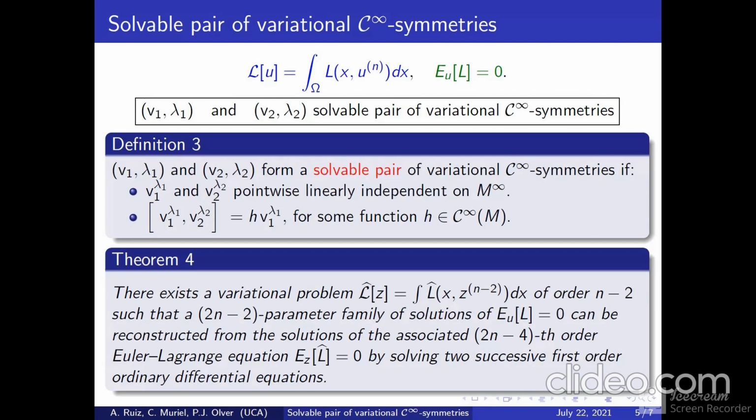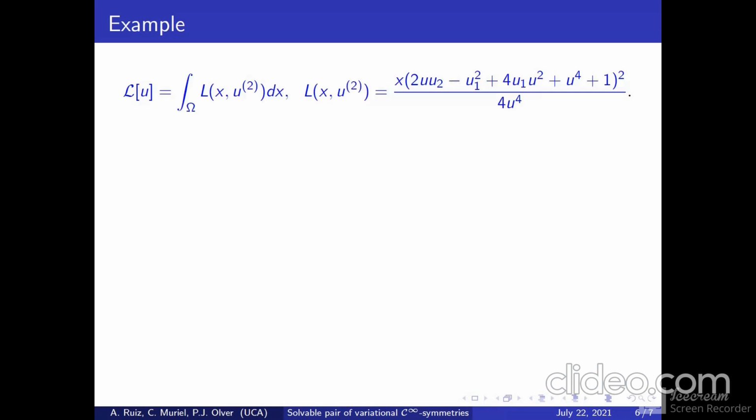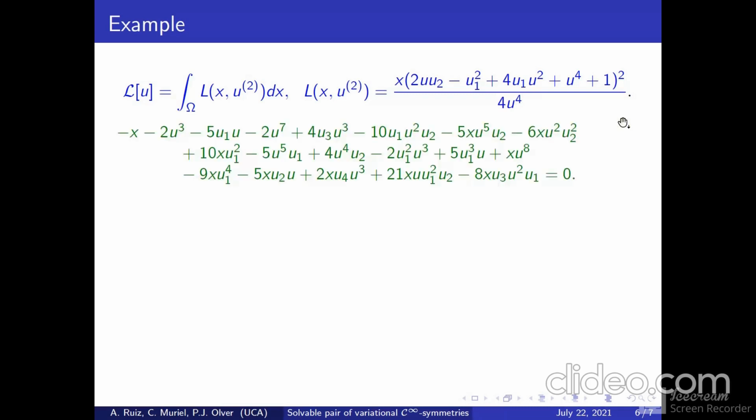So now I would like to illustrate how this method works in practice with an example of application. For that, I'm going to consider a second-order variational problem where the Lagrangian is given by this expression here. It can be checked that the Euler-Lagrange equation associated to the variational problem becomes this complicated fourth-order ordinary differential equation.